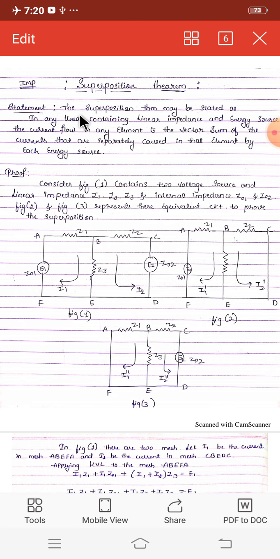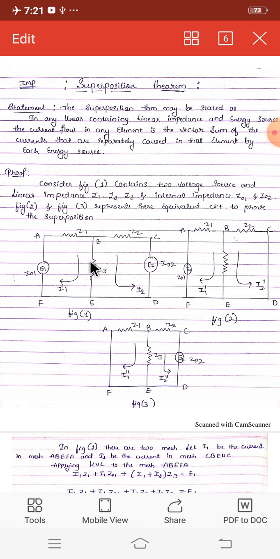The superposition theorem may be stated as: in any linear network containing linear impedance and energy sources, the current flow in any element is the vector sum of the currents that are separately caused in that element by each energy source. Here, these are the energy sources and these are the impedances.